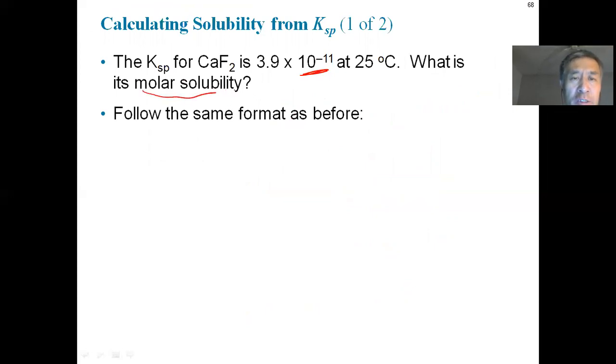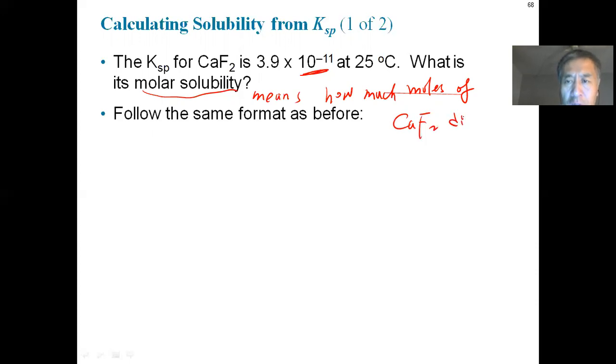That means how many moles of CaF2 dissolved or can dissolve in 1 liter of solution at 25 degrees Celsius.